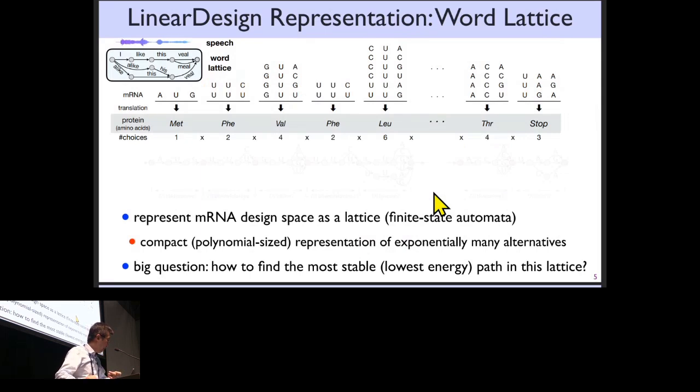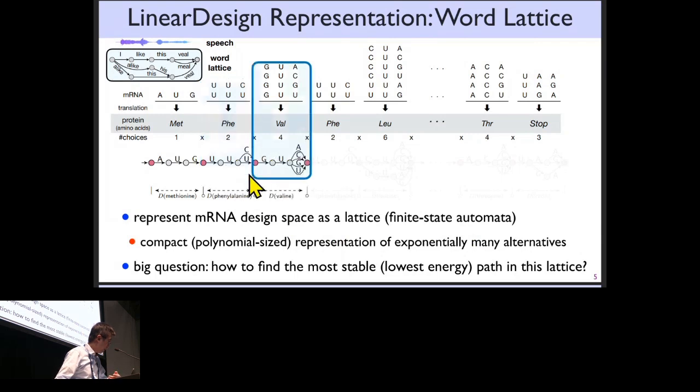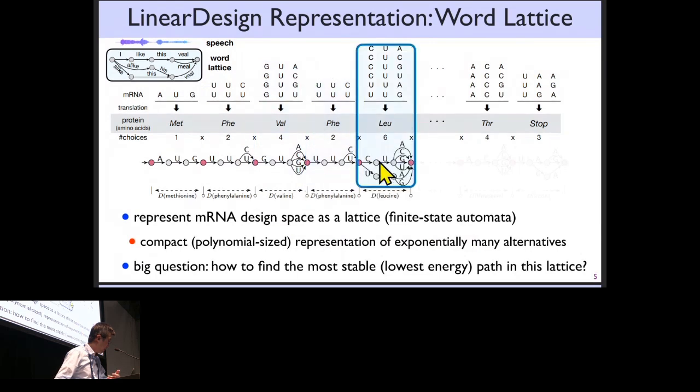The first important thing is the representation, for which we borrowed the concept of a word lattice, which is basically a finite state automaton, or kind of a DFA in computer science. So we packed the choices of codons into a little lattice. It's often just the third letter that has a choice, but sometimes you have leucine, which has 6 choices, or serine and arginine.